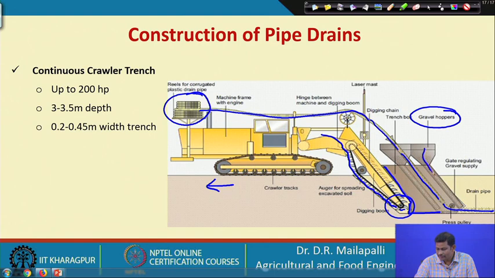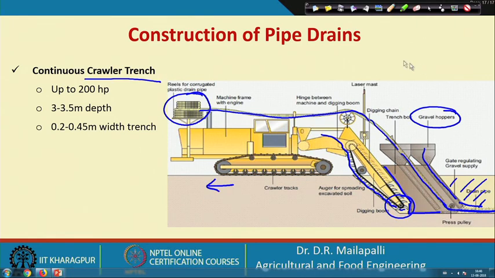The corrugated pipe from the reel will be installed, and simultaneously the gravel hopper pours the gravel, and similarly the envelope will be made. This is a simultaneous operation: cutting, installation of the drain pipe, and filling the drain hole with the envelope material. All three operations take place using the crawler trencher.